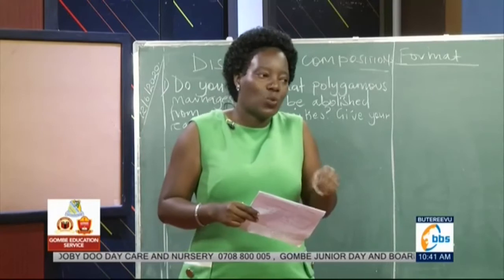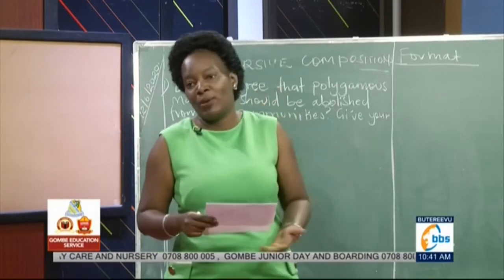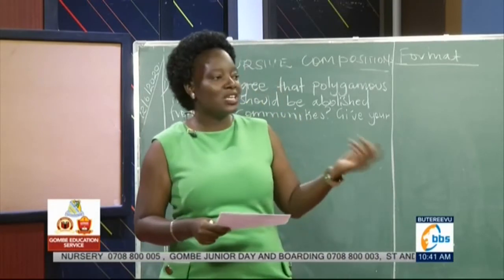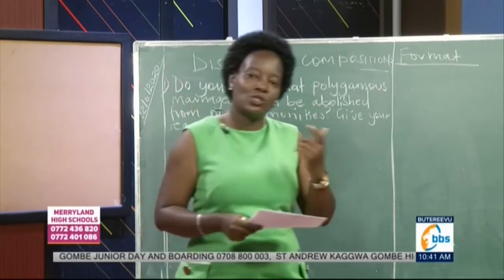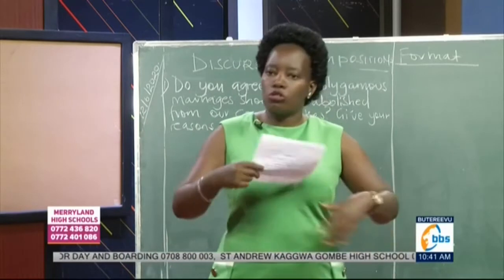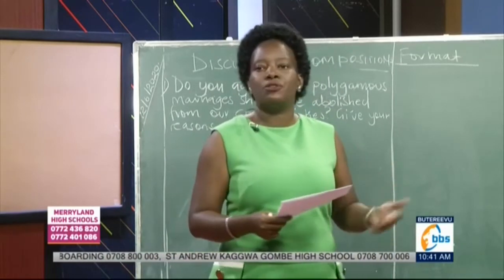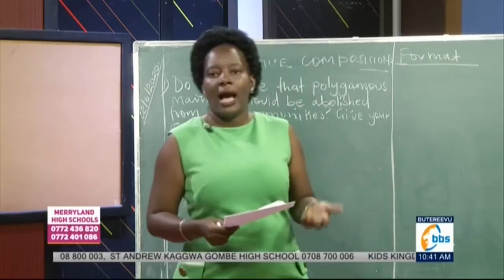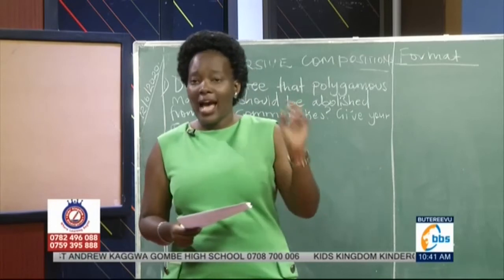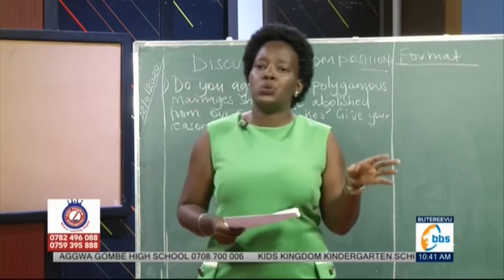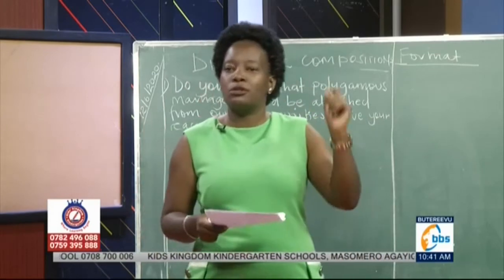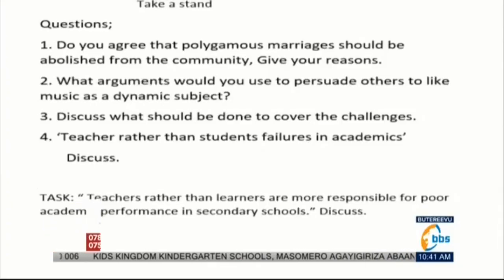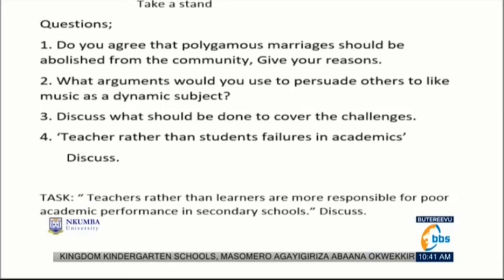So do not get stuck on one particular question. After all, there are so many when it comes to section B. It's not like section A where we have only one question. Section B has so many questions. So just look at all of them and find out if you can attempt any. Before you leave question 2, there is no other way but to give the arguments to support, because that is what the question says.